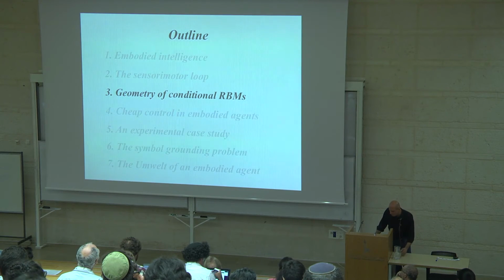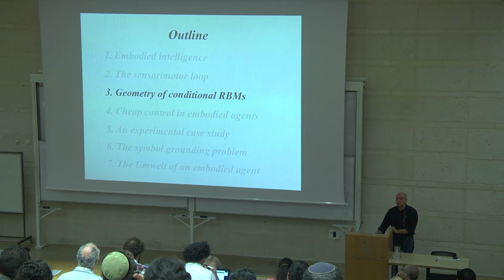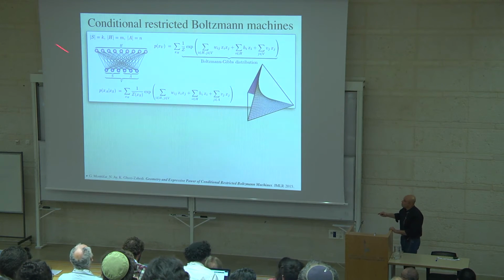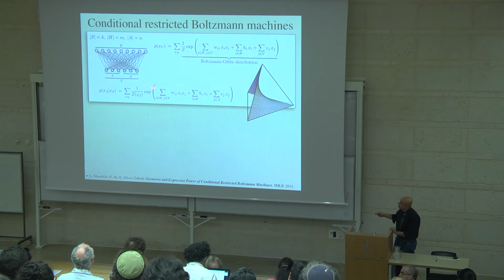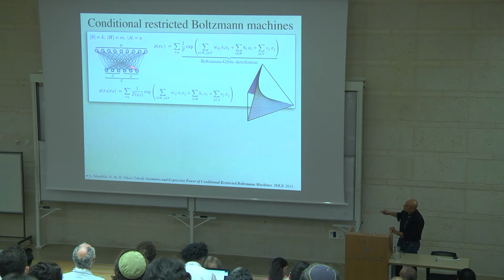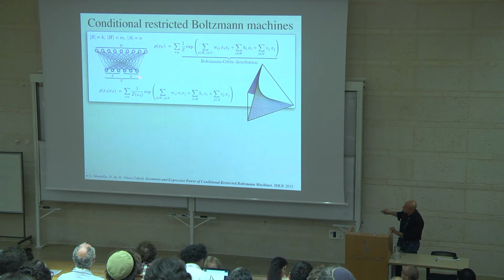So let me come to the geometry of conditional restricted Boltzmann machines. A Boltzmann machine is graphically nothing but a bipartite graph. It consists of two layers of binary neurons, one visible layer and one hidden layer, and each hidden element is connected with each visible element.